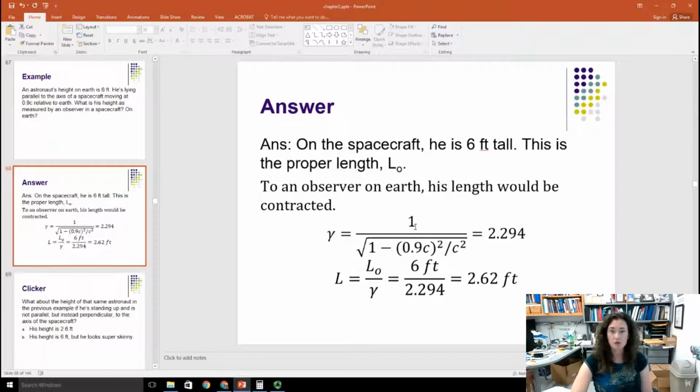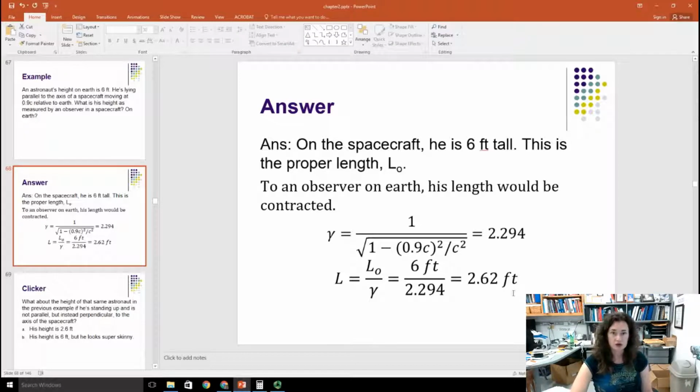So if you plug in the speed of the reference frame, 0.9 c, with respect to the stationary frame, then gamma is equal to 2.294. And then the contracted length L would be equal to the proper length, 6 feet, divided by gamma, 2.294, and you would arrive at a measured height of the astronaut of 2.62 feet.